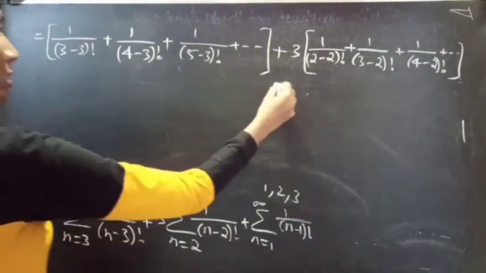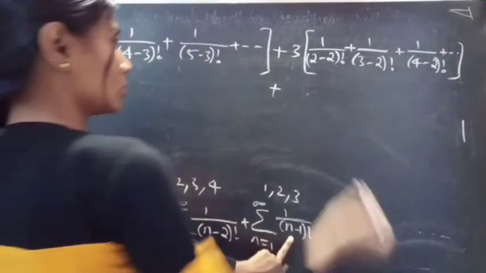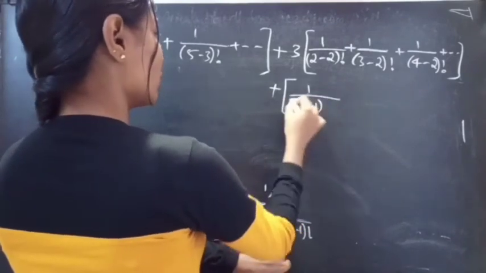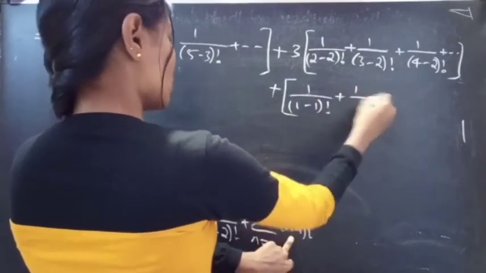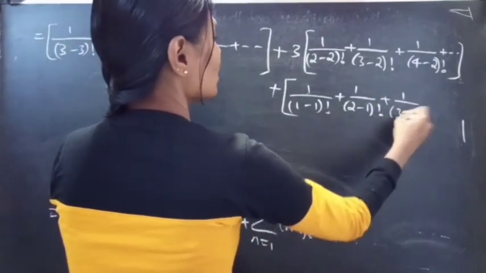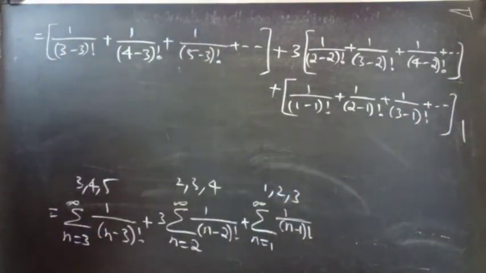Plus, for n equals to 1, 2, 3, 1 by 1 minus 1 factorial plus 1 by 2 minus 1 factorial plus 1 by 3 minus 1 factorial plus so on.